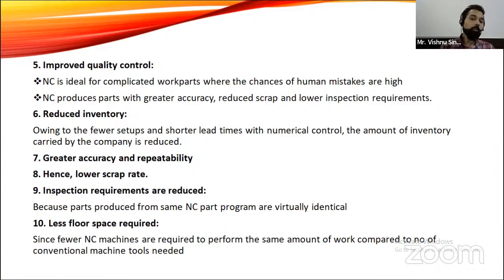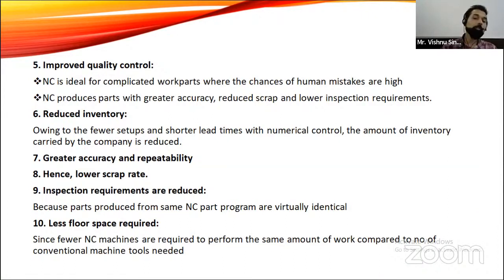Greater accuracy and repeatability. What exactly does repeatability mean? That we are producing a certain product of the same size and same specification, a number of products in a lot size. Lower scrap rate: the waste that is generated will be less. Inspection requirement will be less, and less floor space required. Why less floor space required?